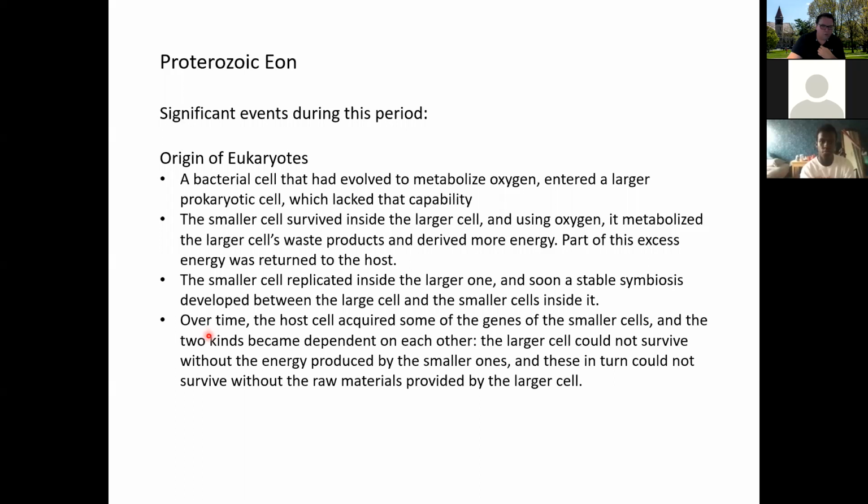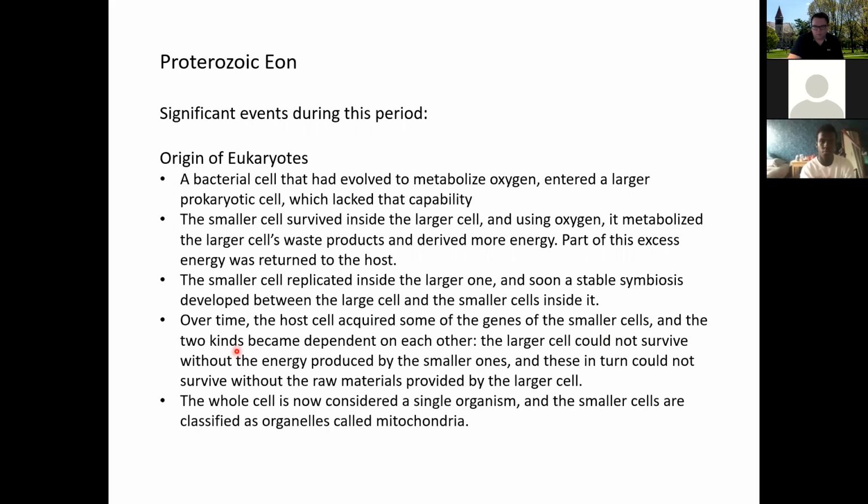And then, although there's still a lot of unknowns in this theory, over time the cells could start to acquire genes. These genes could be used to self-replicate and pass them down, so that by the end of this eukaryotic symbiosis, the larger cell could not survive without the energy produced in the smaller cells, but in the aggregate, these larger cells can become more and more complex and lead to different components of more complex life forms, I guess is the simplest way to say it.